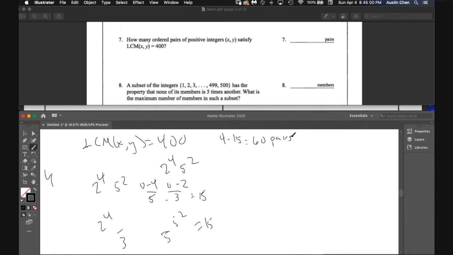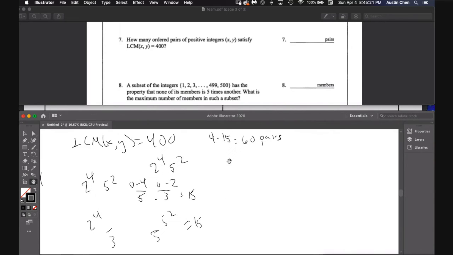But we do have to be a little bit careful here. We have to be careful not to overcount any cases. And I don't know, if you think about this a bit, you will see that we actually have overcounted some cases.